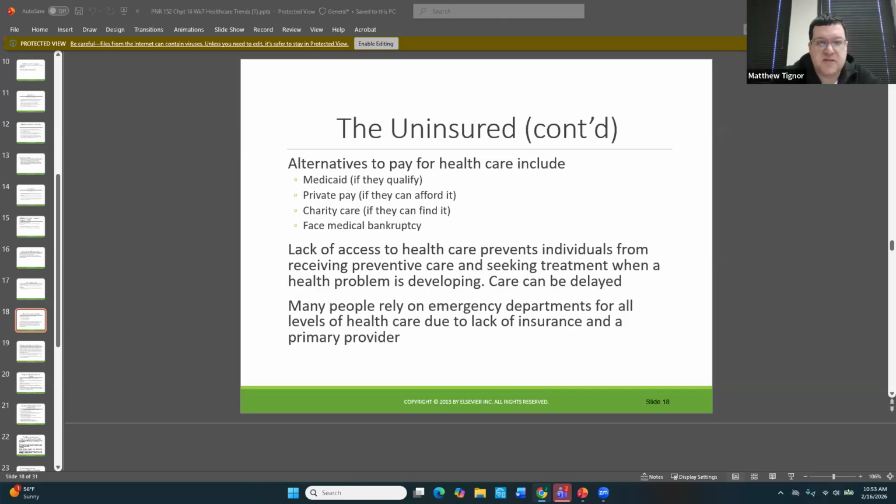Okay, then the hospital may eat the cost, and then how do they recoup that money? They're going to increase their costs, right? To try to cover or offset the losses that they have as a result of those that are unable to pay.